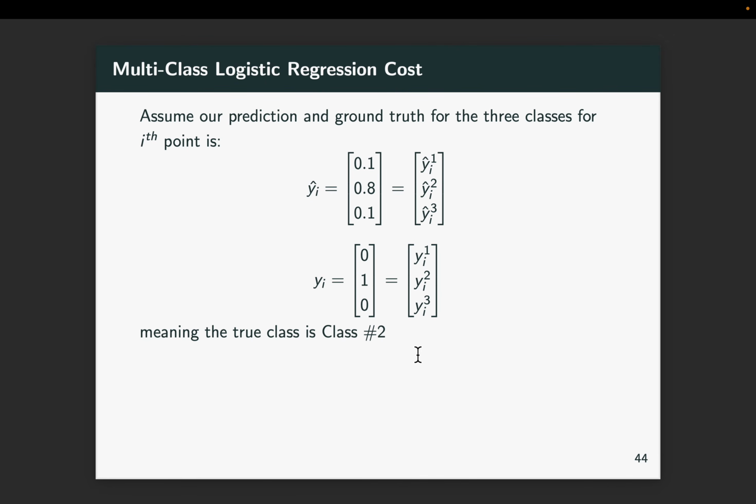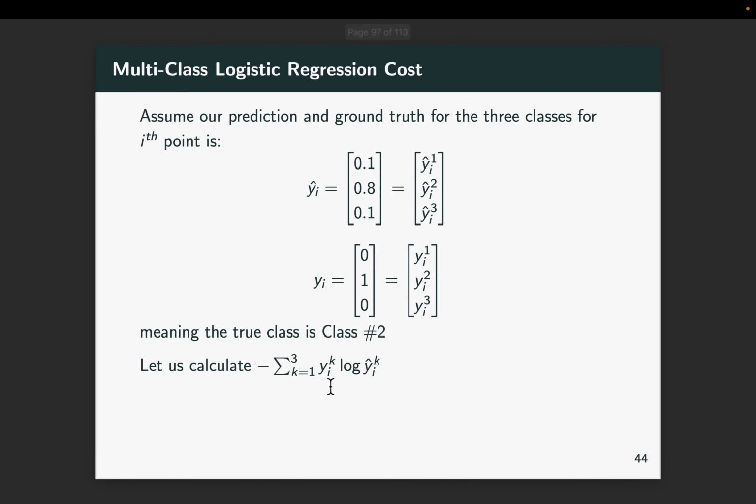We can also very quickly see how this cost function would make sense for multi-class classification. Let's assume that a yi hat vector after using the softmax operation is something like this: 0.1, 0.8, 0.1, and our ground truth is class 2. So our yi vector, if we are one hot encoding it, we could write as 0, 1, 0.